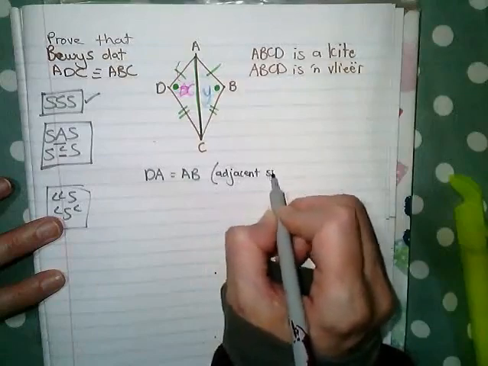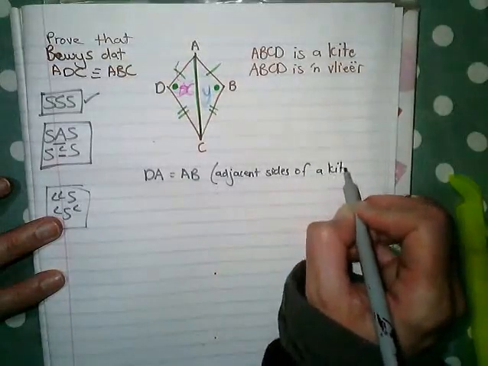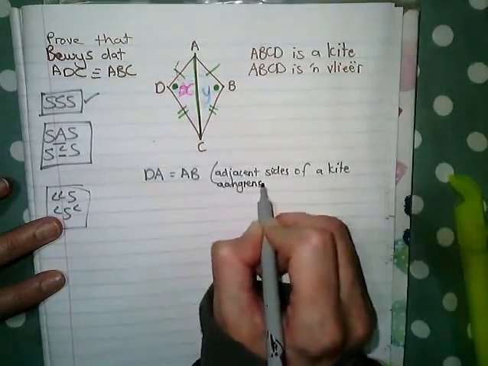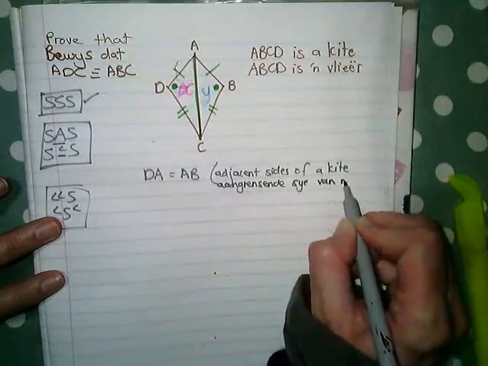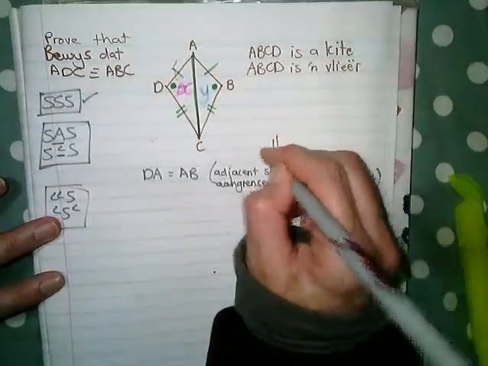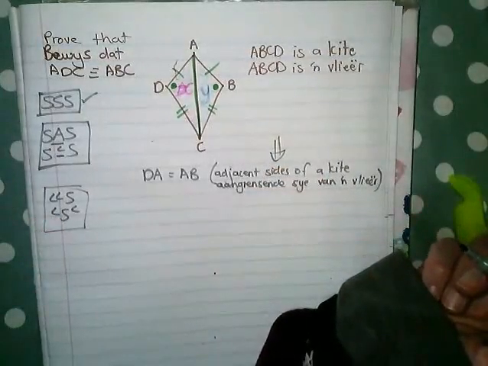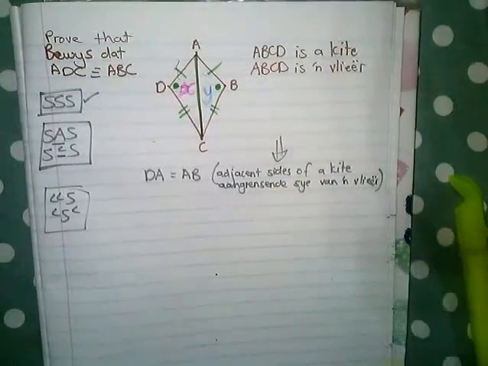Dit is aangrensende sye van 'n vleer. Goed, this we know from the previous work we did when we did the properties of quadrilaterals. So if you are still not sure of properties of quadrilaterals, you need to go back to that and study them. You can't do congruency if you don't know the properties.